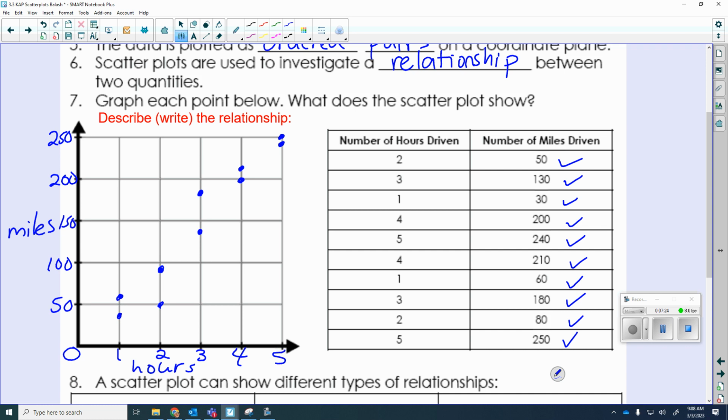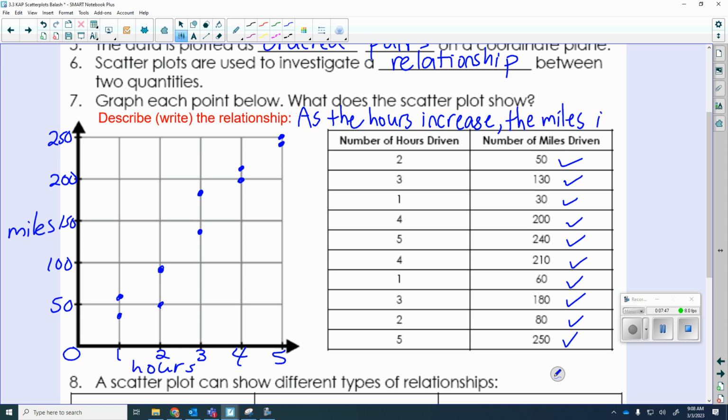As the hours increase, what? The miles increase. Does that make sense?